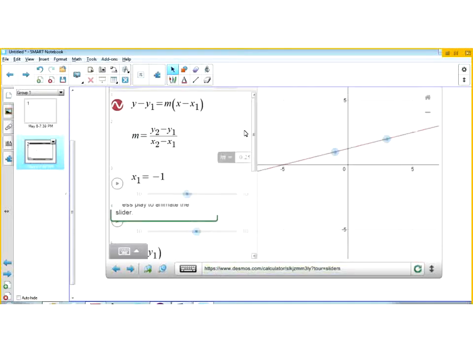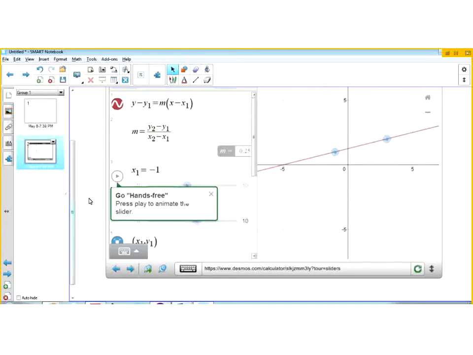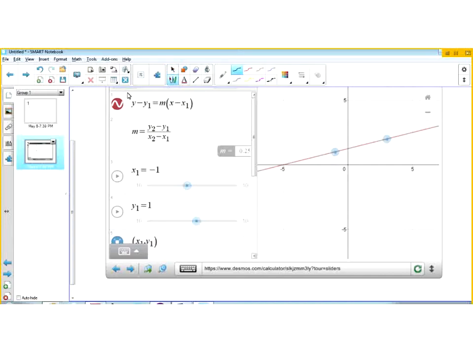All right. Now, here we have essentially the graph of a straight line. If you notice this graph right here, what I've got is an expression for the equation of a straight line in the xy plane.